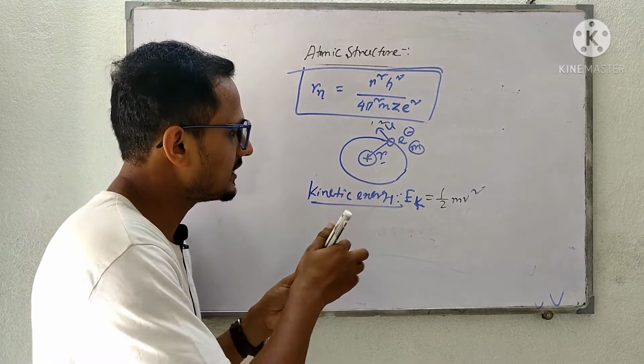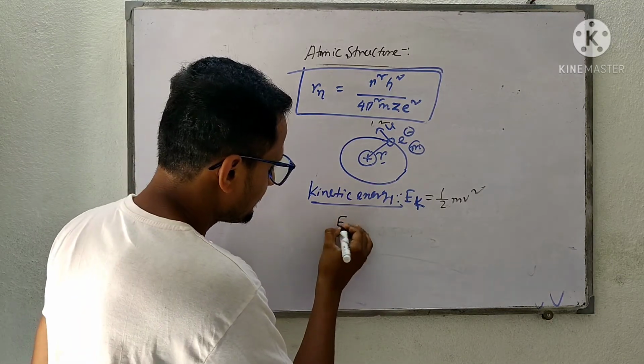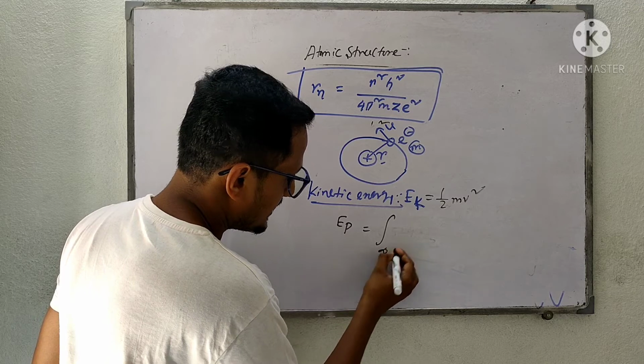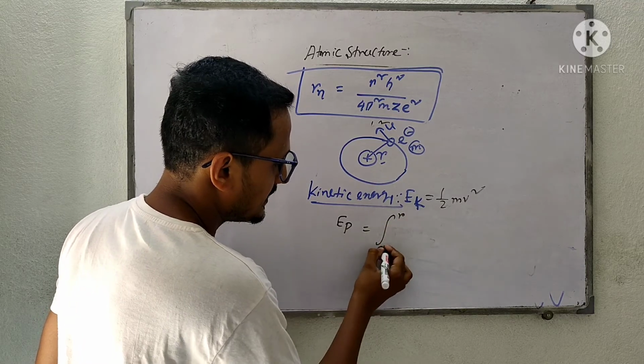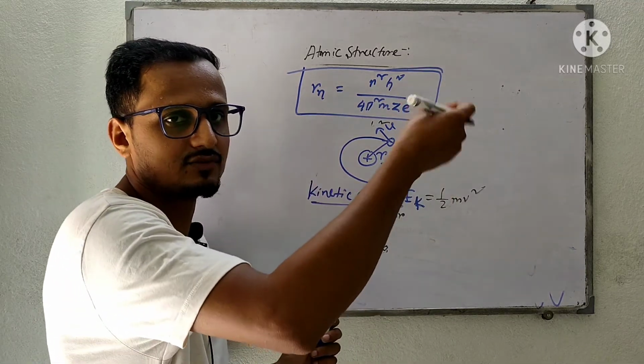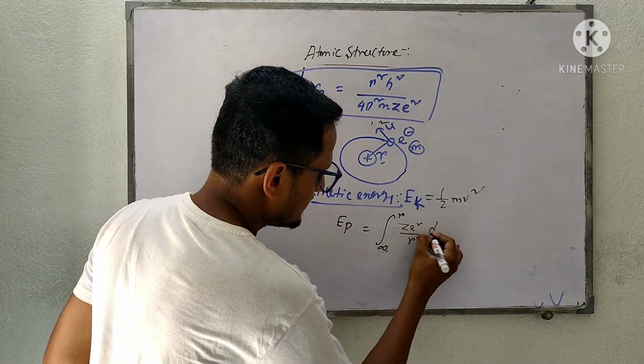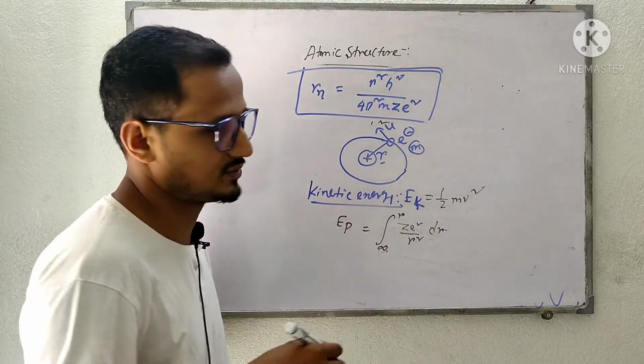Understood? So here to calculate the potential energy Ep, we have to integrate with the range infinity to r, because we are bringing the electron from infinity to r, Z square by r square dr. Now we have to integrate this one.